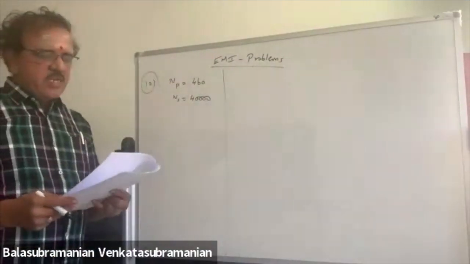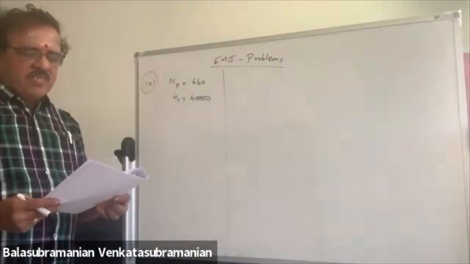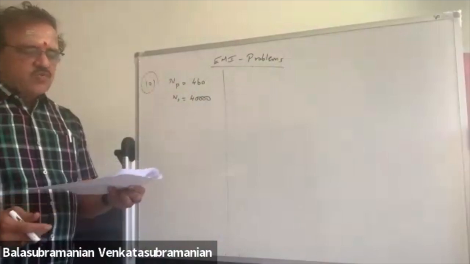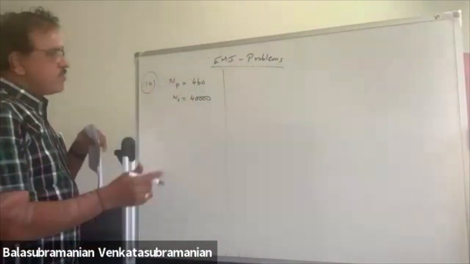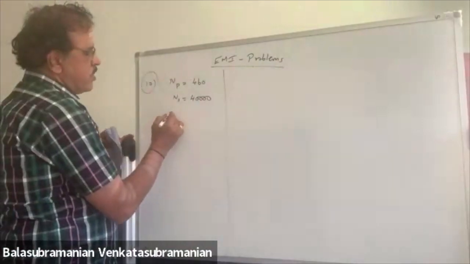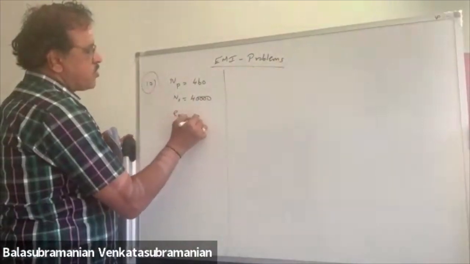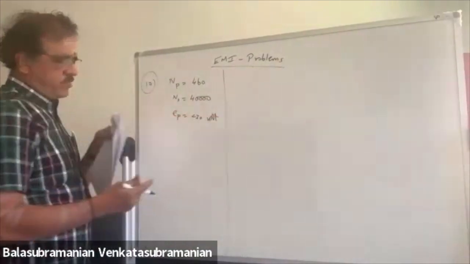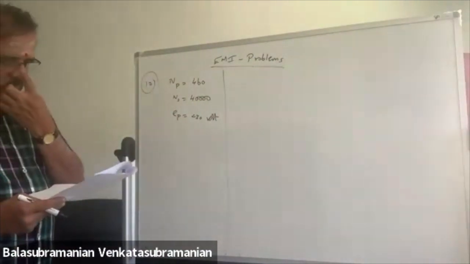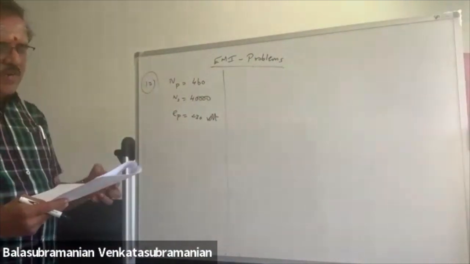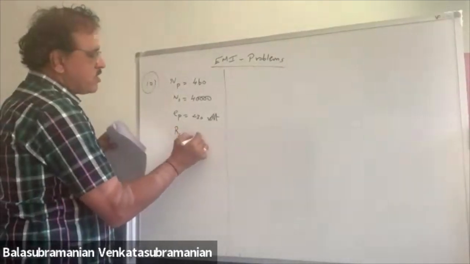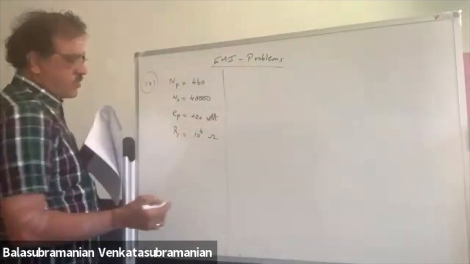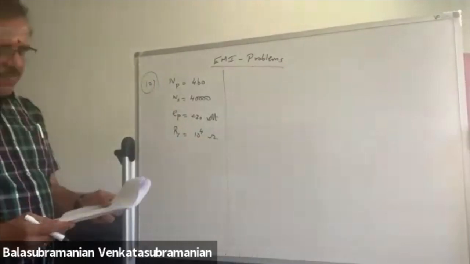Find the voltage developed per turn of the secondary if the transformer is connected to 230 volts mains, that is EP is 230 volt. The secondary is given to a load of resistance RS equal to 10 power 4 ohms. Calculate the power delivered.